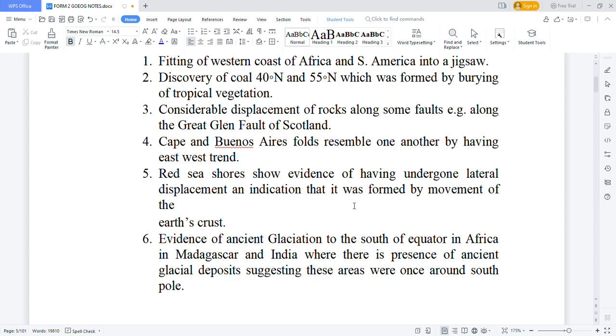Number 5, the Red Sea shows evidence of having undergone lateral displacement, an indication that it was formed by movement of the Earth's crust.